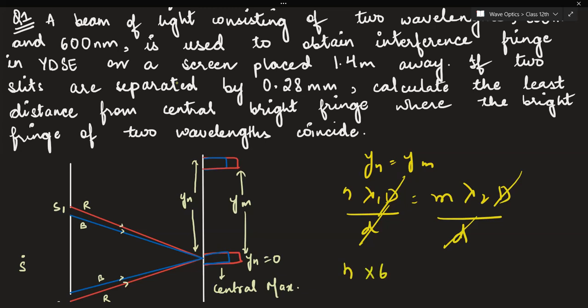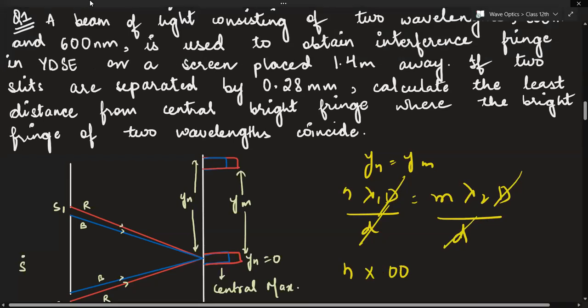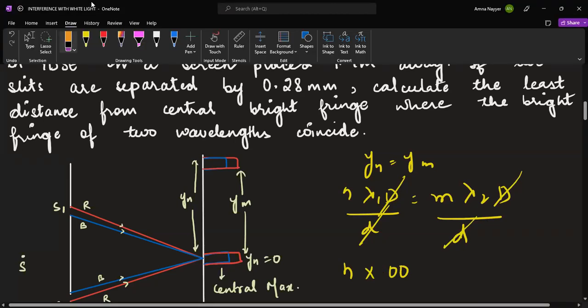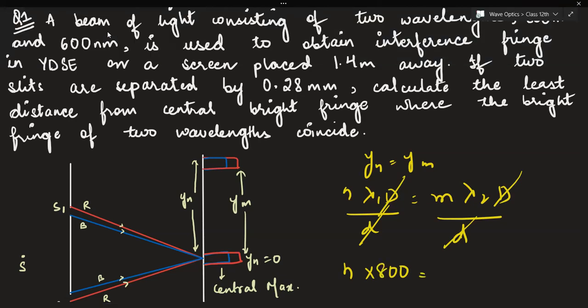So n into 800 is first. This is equal to m into 600. Nanometers will also get cancelled. So let us first take out the n by m ratio.